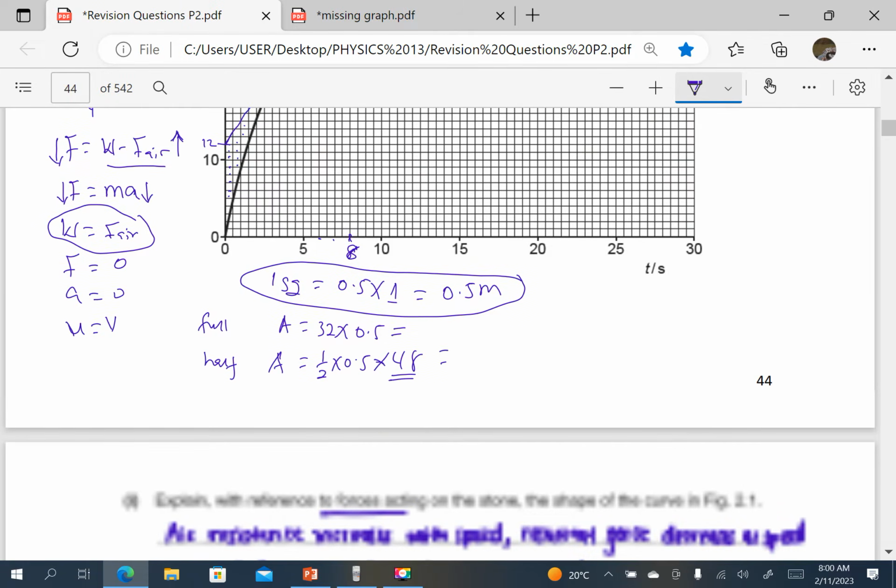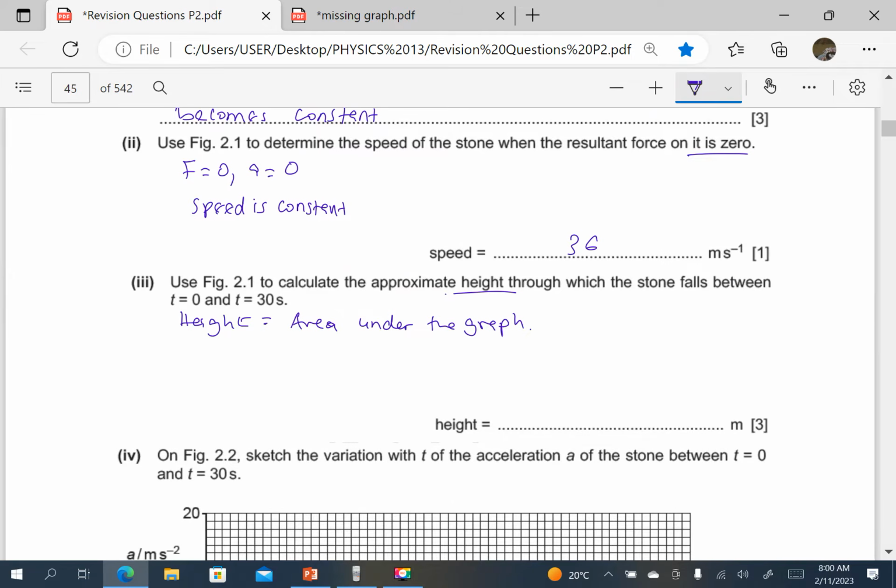Okay, so we are going to transfer our working into the space provided. The height is going to be the area under the graph. To begin with, the height is equal to the total area of the rectangle, which we have seen as 36 minus 30.